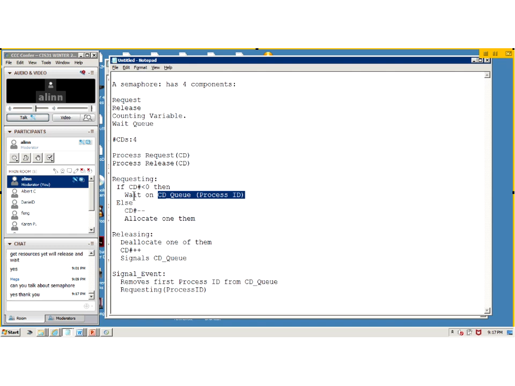So when this requesting semaphore is putting it on the queue, it has to lock that queue. It has to be in a critical section, even though this whole thing could be in a critical section as well, right? This particular semaphore could have had a lock on it.